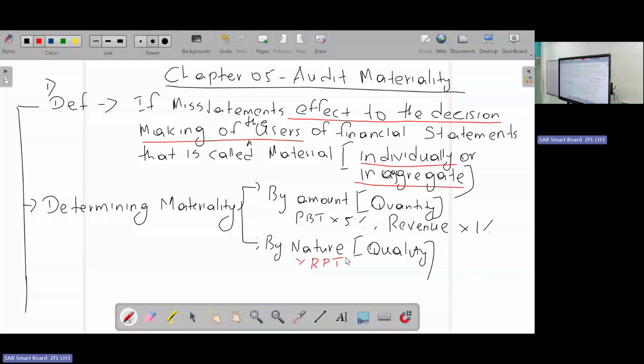Okay. There are many integration issues, and because of human laws, this omission will affect the decision making. So acquisitions or disposals have to be taken as material.